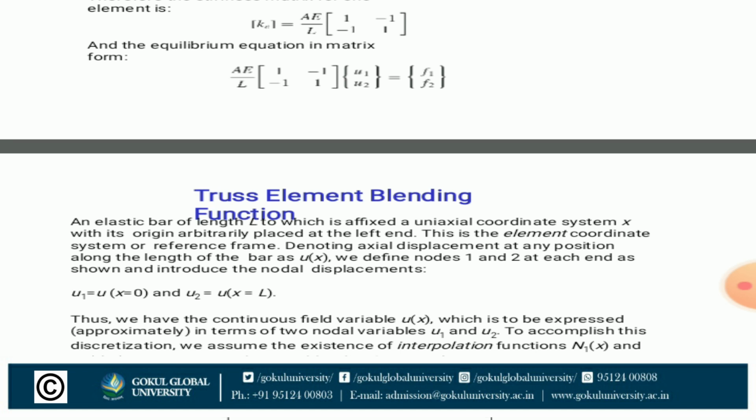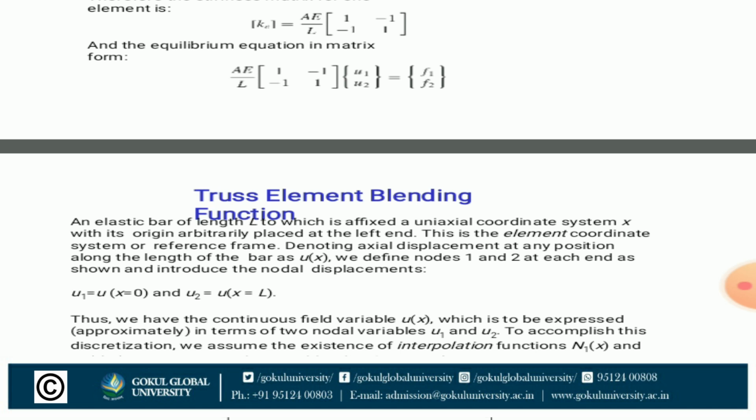Truss element formulation: an elastic bar of length L to which we affix a uniaxial coordinate system x with its origin arbitrarily placed at the left end, and this is the element coordinate system or reference frame, denoting axial displacement at any position along the length of the bar as u_x.